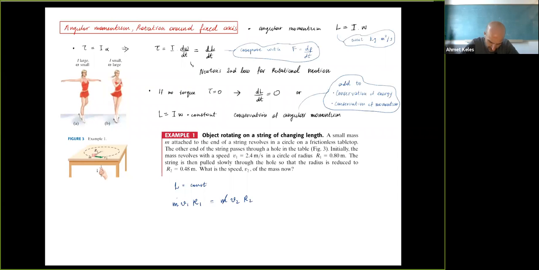We can cancel the m's and solve for v2, which is equal to r1 over r2 times v1. If you put in the numbers, it's around 4 meters per second. Basically, you go from a slower speed to a higher speed when you decrease the radius from r1 to r2, because you decrease the moment of inertia, and to compensate, you increase the velocity.